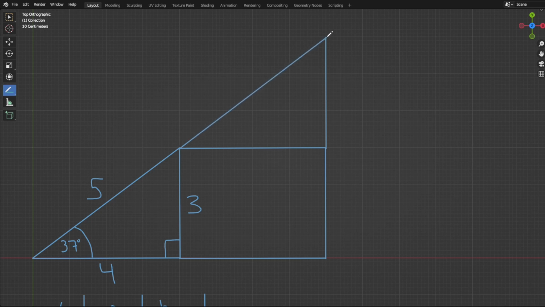So then this side is equal to 5. The question is, why is this equal to 5? Because this is the same triangle. It's 4, this is 3, and this is also 37 degrees. It's the same triangle as this one because we went 4 this way and 3 up, then connected to that point, and it becomes 5.